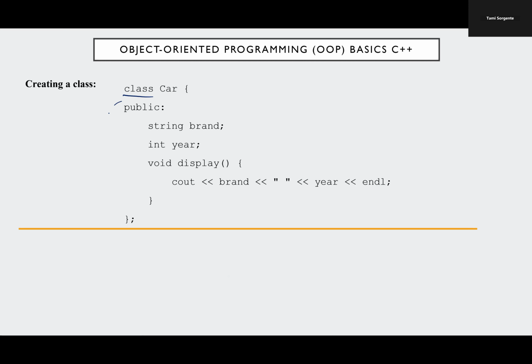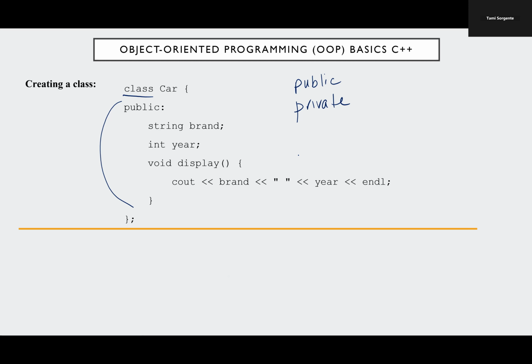The data and the methods in your class can be either public, which means they're available outside of your class, private, which means that they're only available to members of your class or friends, or protected. But we probably won't use that, so we're going to stick with private and public this semester.